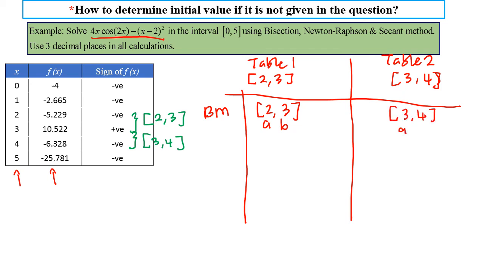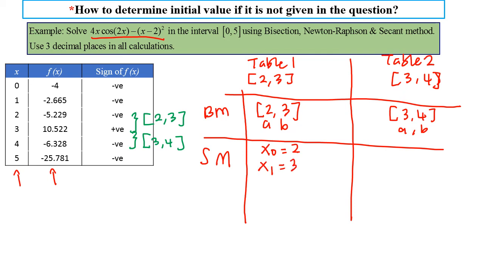This is a, this is b, straight away from here. Using the secant method, you can choose x0 as 2, x1 as 3, very easy. Similarly for table number 2, x0 equal to 3, x1 equal to 4. So you have different answers from table 1 and table 2.